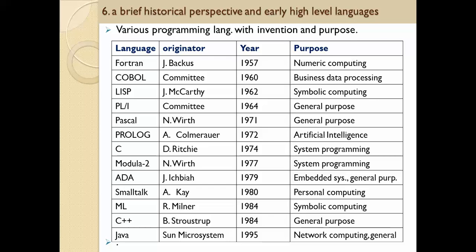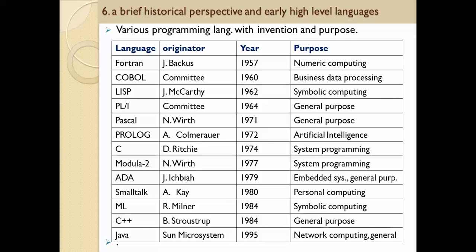Ada is used for embedded systems and general purpose. Smalltalk, invented by Alan Kay in 1980, is used for personal computing. And ML, C++, Java: C++ is invented by B. Stroustrup in 1984, and its purpose is general purpose, object oriented programming.